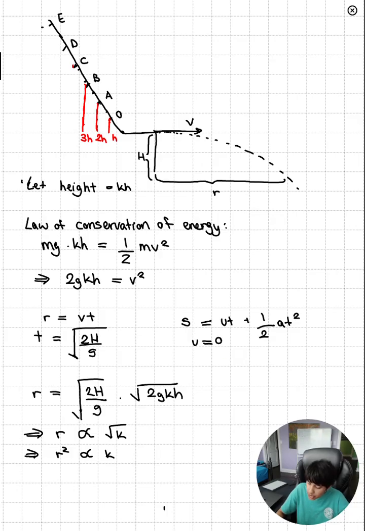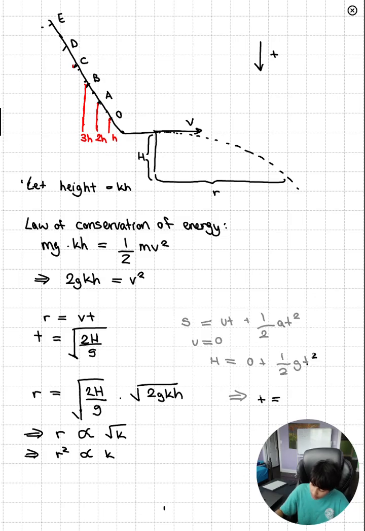Meanwhile, a is equal to g, as we're going to be assuming that the downward direction is positive, so we end up getting the s, which in this case I've taken as this height h, is equal to 0 plus half gt squared, implying that t equals the square root of 2h over g.